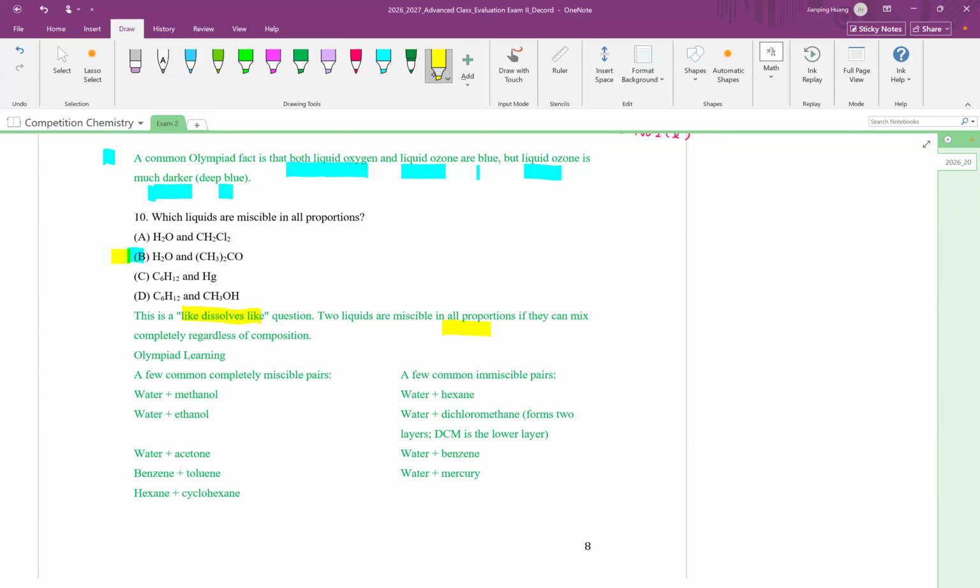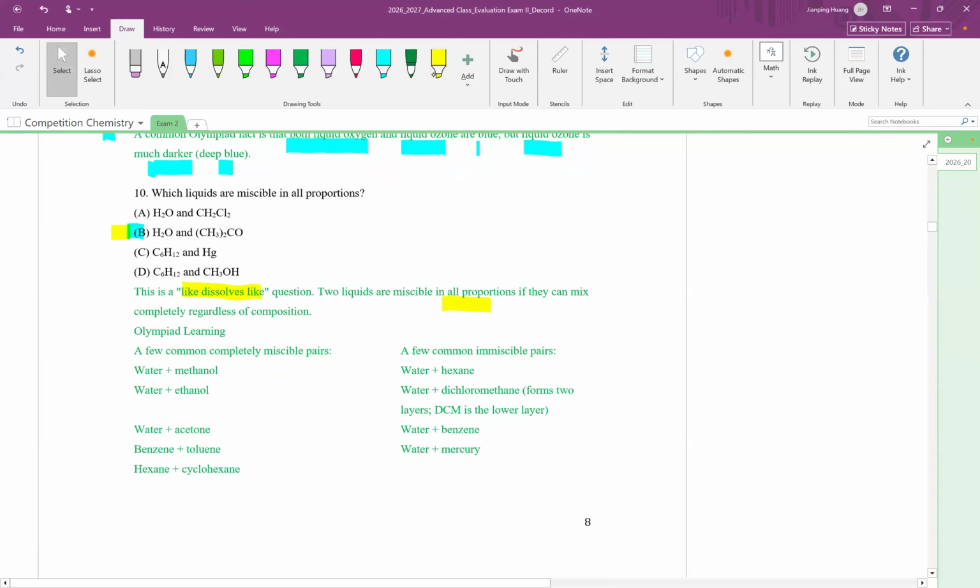Because from the structure point of view, solubility is related to polarity. Polar solute and polar solvent will make a solution. Ionic compounds will dissolve in polar solvent. Non-polar solute and non-polar solvent will make a solution. However, polarity is related to structure. Got it? So like dissolves like.